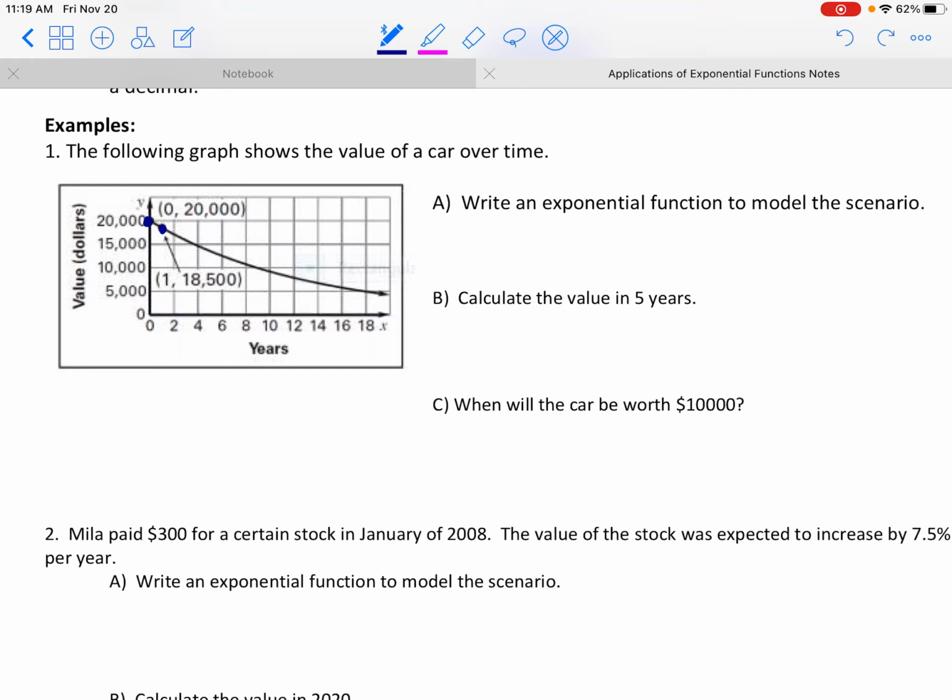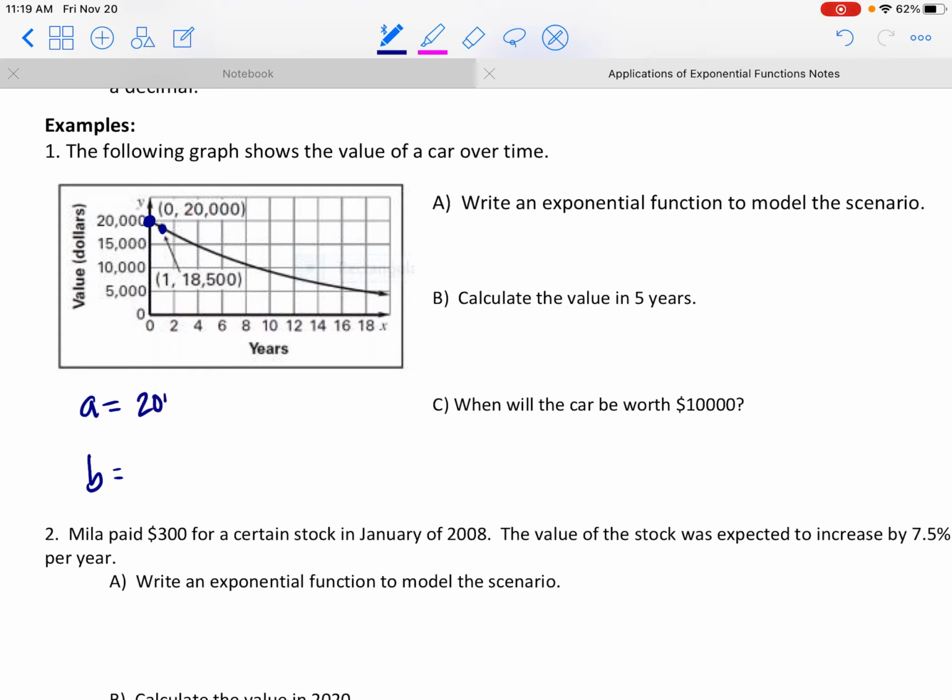So we are asked to write an exponential function to model this scenario. If I want to write an exponential function, I need to know 2 things. I need to know A, and I need to know B. A is the starting point of my graph. So the starting value for this car is $20,000.